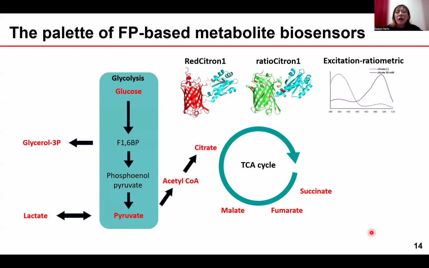So we're now expanding the palette of our FP-based metabolite biosensors, especially for metabolites involved in glycolysis. For example, we have created many types of biosensors targeting citrate, which is a major intermediate in the TCA cycle.